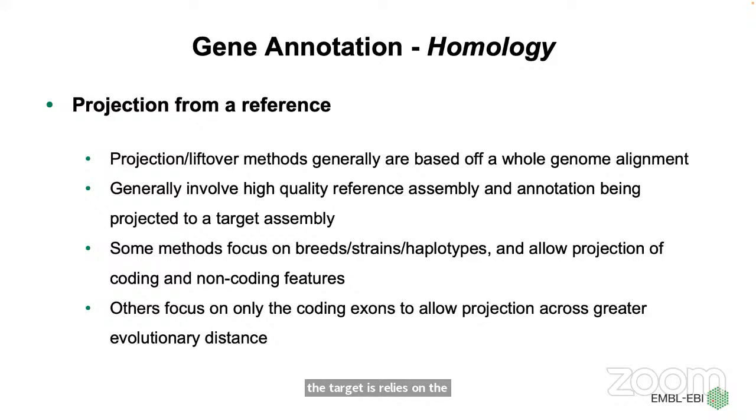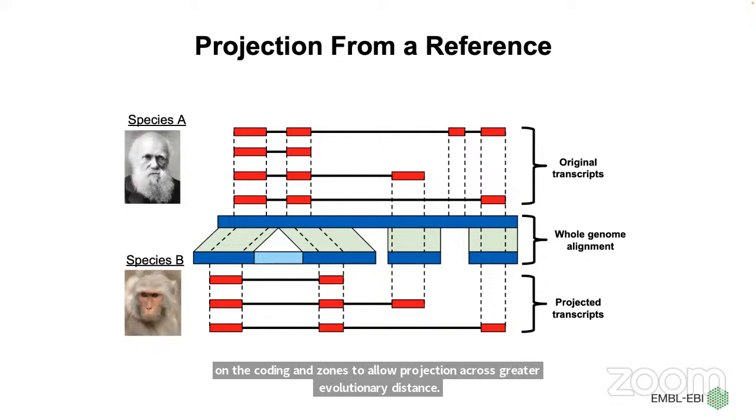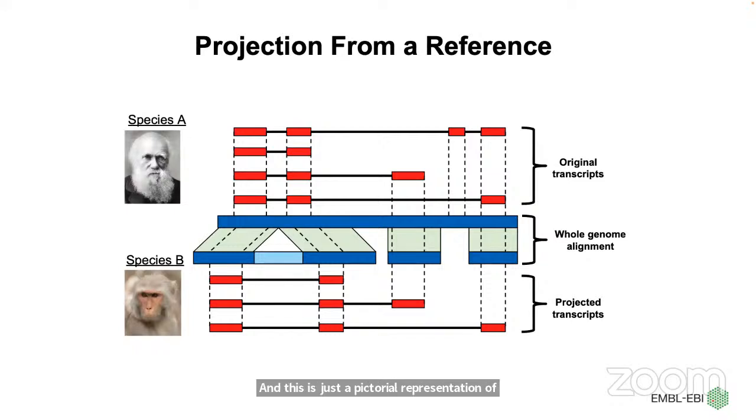Some of these methods focus on breeds, strains, or haplotypes and allow projection of coding and non-coding features both, while others focus only on the coding exons to allow projection across greater evolutionary distance. And this is just a pictorial representation of how a projection from a reference looks like. So the original transcripts are projected to the target genome using whole genome alignments.